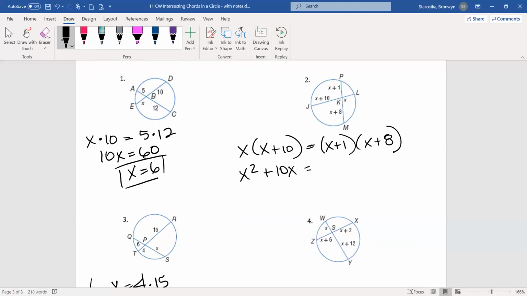On the right side, sorry, I look so crazy right there. X squared plus 8x plus x plus 8. Again, we're lucky in this case that x squareds cancel out. And we have 10x equals 9x plus 8, subtracting 9x from both sides, x equals 8.